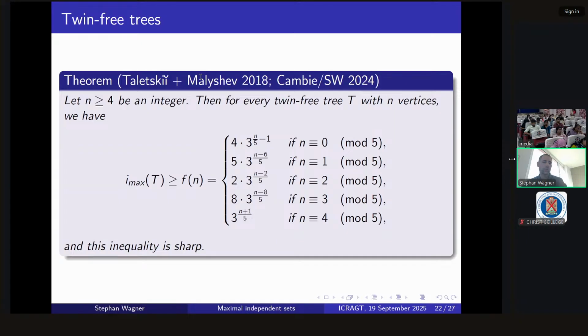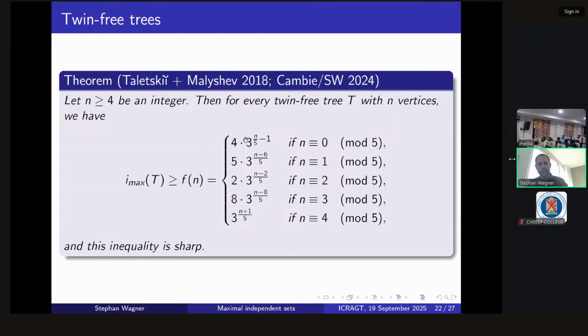So it turns out that for twin-free trees, the minimum number of maximal independent sets is in fact exponential in the size. So we've had logarithmic behavior, linear behavior, and now exponential behavior. So trees need to have at least an exponential number of maximal independent sets, provided they're twin-free.